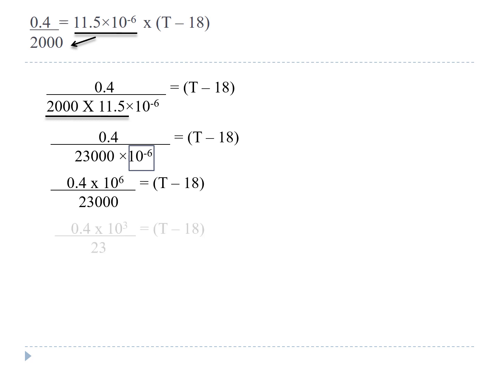I get 0.4 into 10 raised to 3 divided by 23. I hope you have understood this. The 3 zeros of 23,000 have got cancelled with the 3 zeros of 10 raised to 6. From 10 raised to 6, if I cut the 3 zeros, I will have 10 raised to 3 remaining.